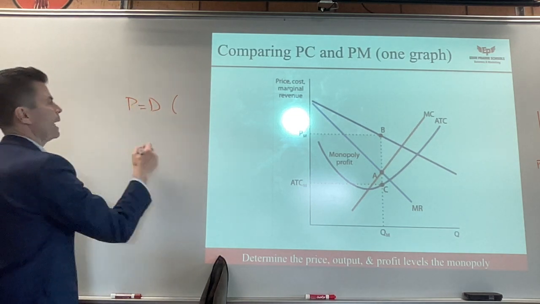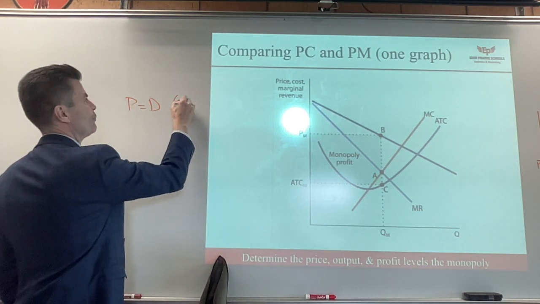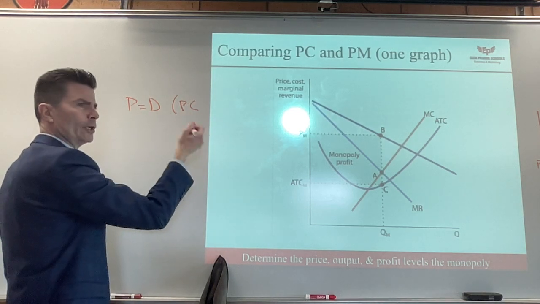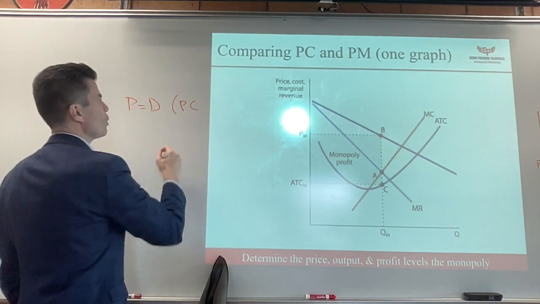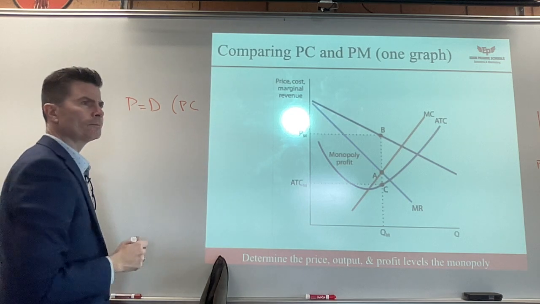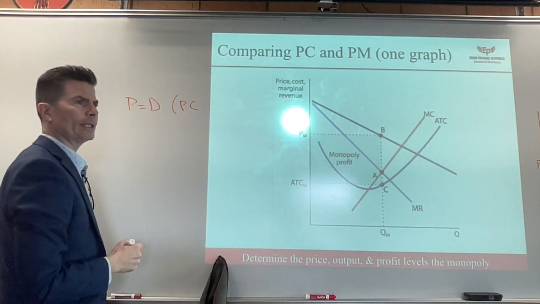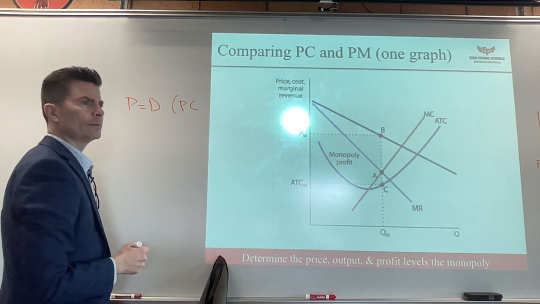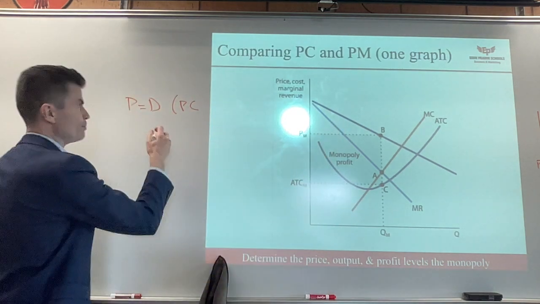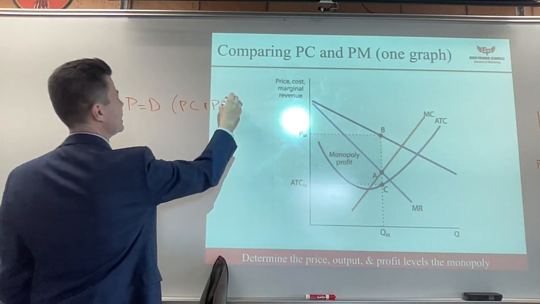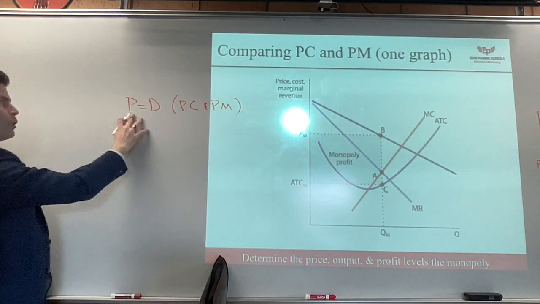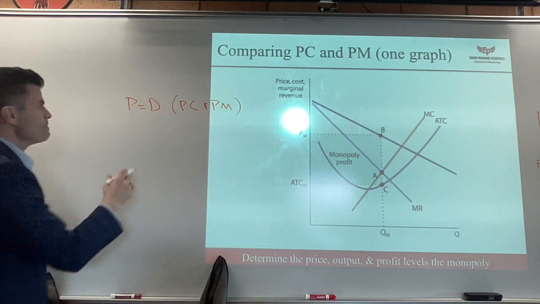They're equal. And is that for perfect competition and pure monopoly, or just one of them? Just perfect competition. Okay, not a pure monopoly. Where was your price for your pure monopoly? On the demand. Okay, so it's both. So this is pure monopoly and perfect competition. That's where price equals demand up here.